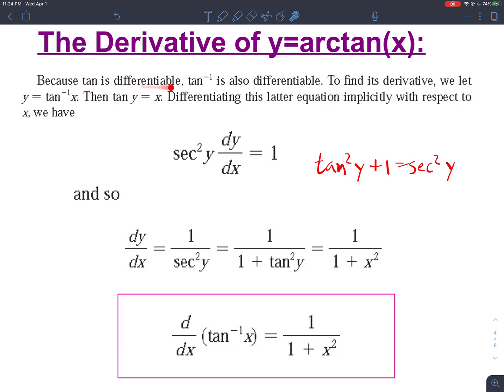Because regular tan is differentiable, its inverse function must also be differentiable. To find the derivative, we'll do this similar to the way we did sine. We start with y equals inverse tan, and rewrite it as regular tan by swapping the x and the y.